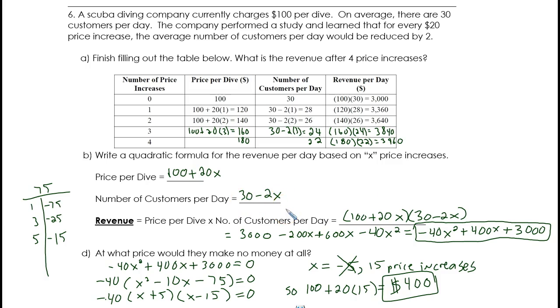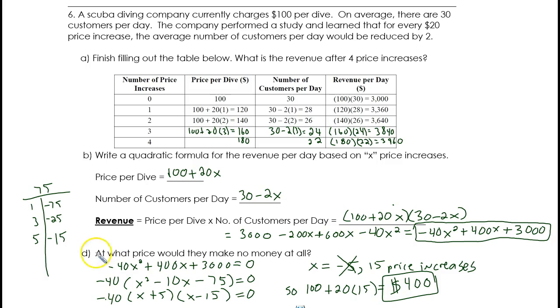I had to multiply those two things together, FOILed them, and eventually ended up with negative 40x squared plus 400x plus 3,000. And this is the formula that relates the revenue that they make after a certain number of price increases as indicated by the variable x.